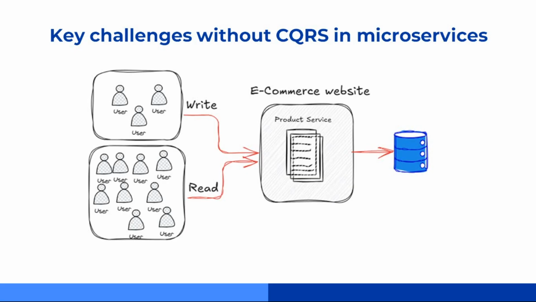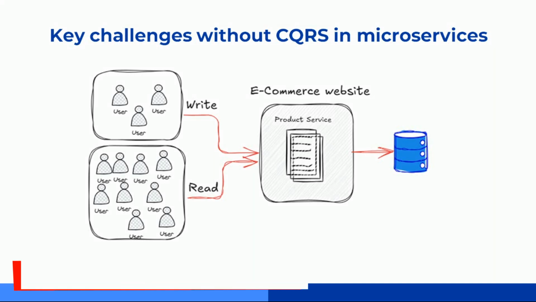Operations slow down for everyone, even for users who are just trying to browse casually. If too many users start reading at the same time, it can even hurt performance for the ones placing real orders. So yes, the system is technically working, but it's not working efficiently at scale. And this is exactly where CQRS comes into play.